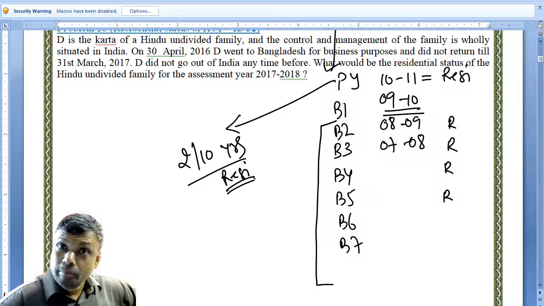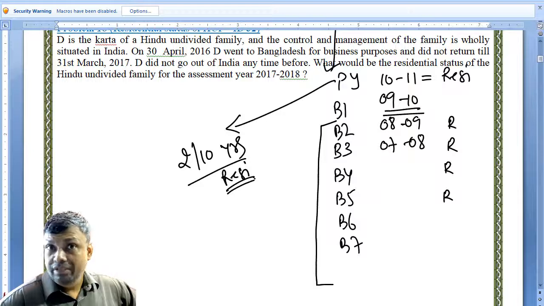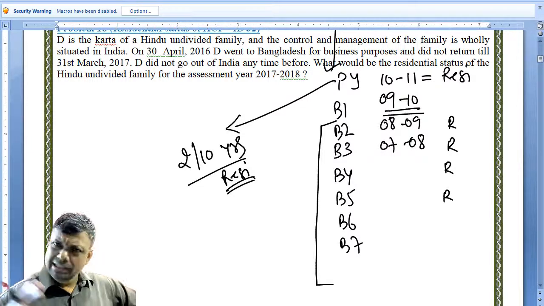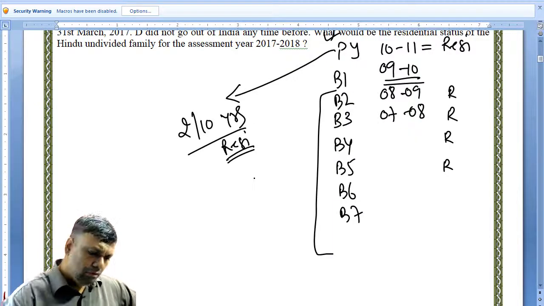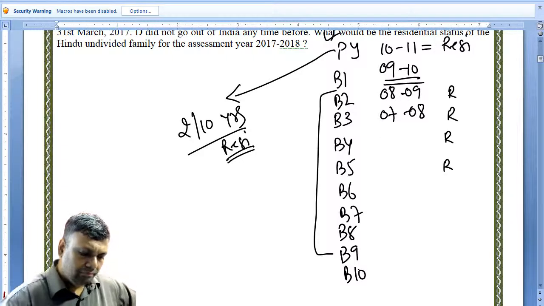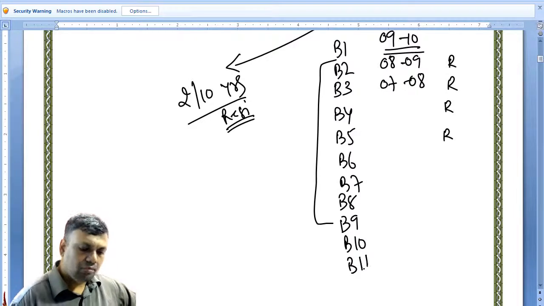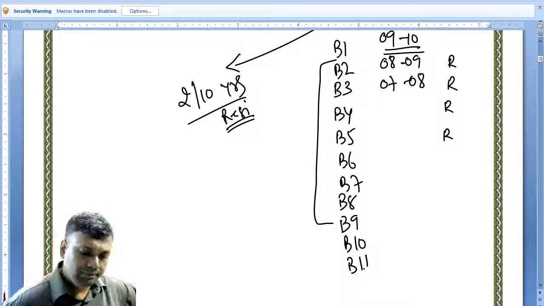Correct. So ultimately that was actually a trick. You can write any 7 years you want. For example, you can write before 10 years, supposing I'll say B8, B9, B10. Okay, but I'll have to take one more, B11 also, because it is before B1.